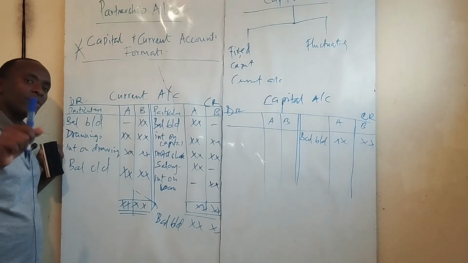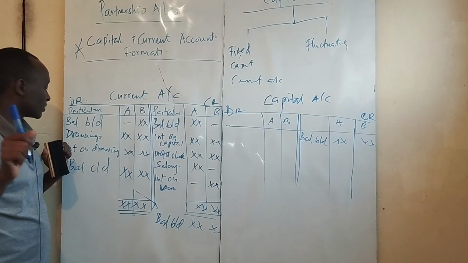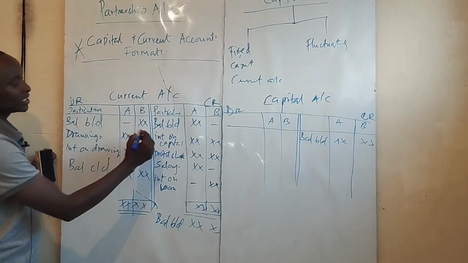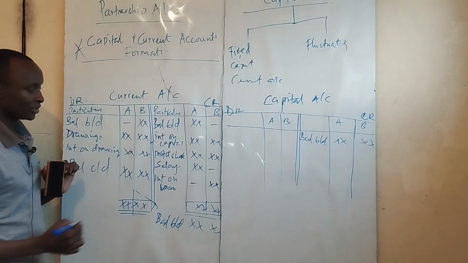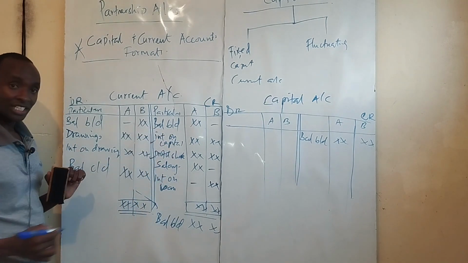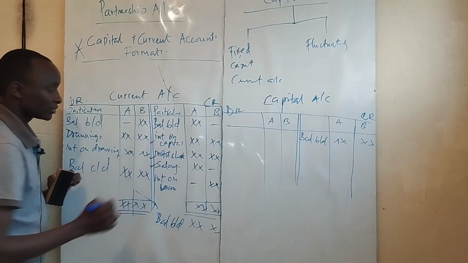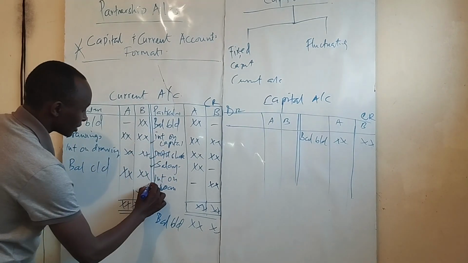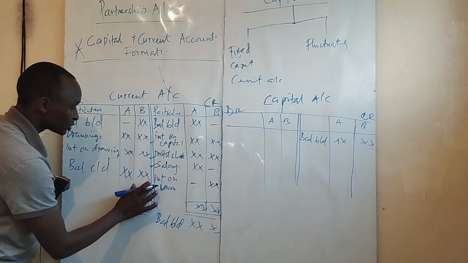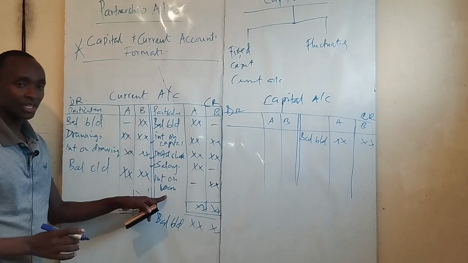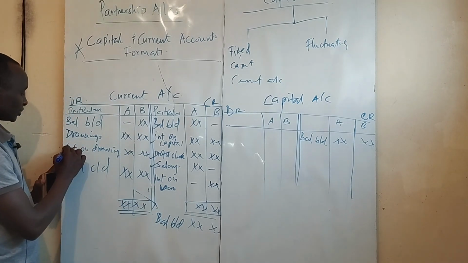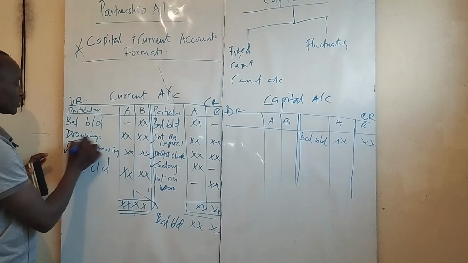So look here in the capital account. In our profit and loss appropriation account, we had interest on capital. We did the profit share, still in the profit and loss appropriation. We did the issue of salaries, we paid salaries, and also interest, but we did not see the interest on loan, sorry. The interest on loan, okay, we checked on interest on drawings, but not drawings.